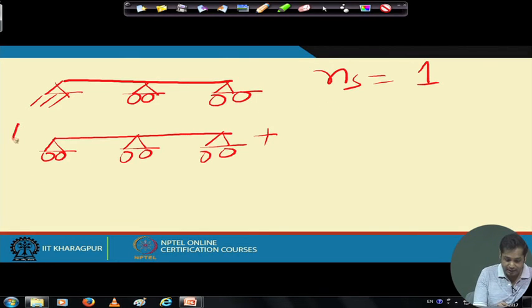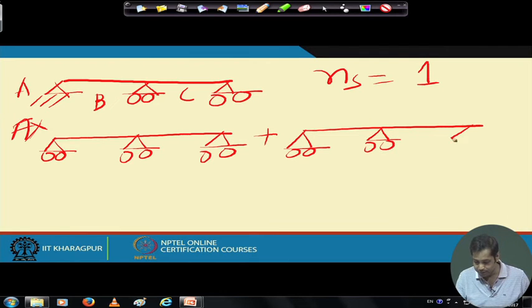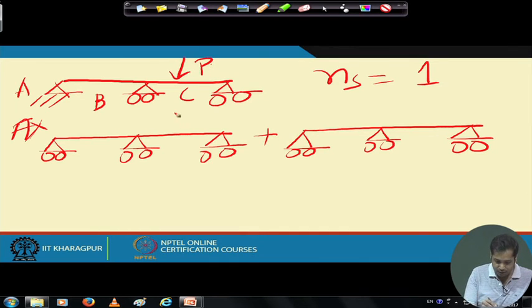It is A, B, C. So, suppose I take Ax as the redundant force. So, as per steps, this is the basic structure, and suppose it is subjected to any load like this P. So, the first step is the calculation of NS, NS is equal to 1.